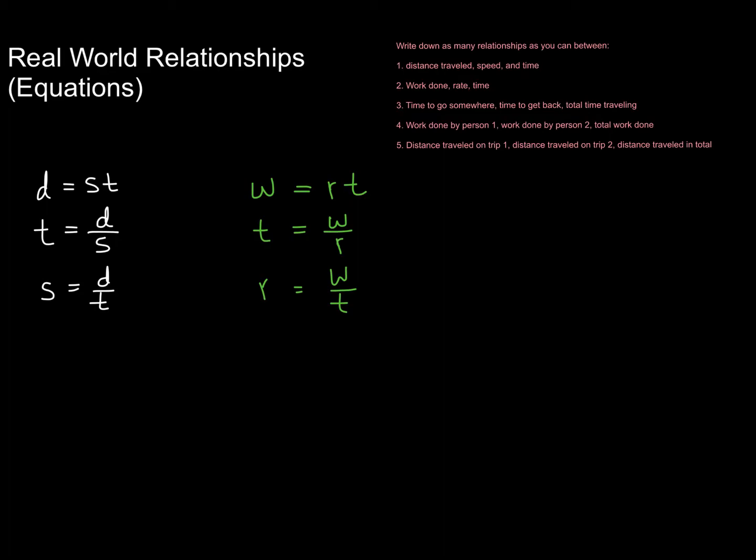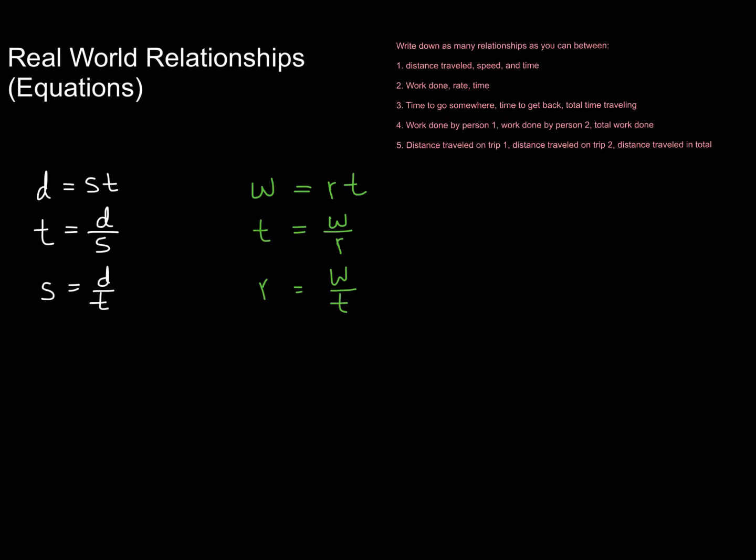And you can use this in each of these equations as well to think about how laying 70 bricks at a rate of 7 bricks per minute would get you a total time of 10 minutes. And similarly, if you lay 70 bricks in 10 minutes, you're going to be laying bricks at a rate of 7 bricks per minute. And we can apply this to any type of work that's being done.